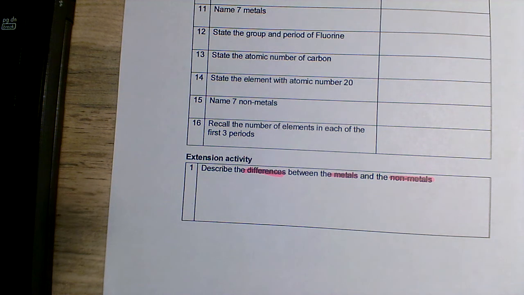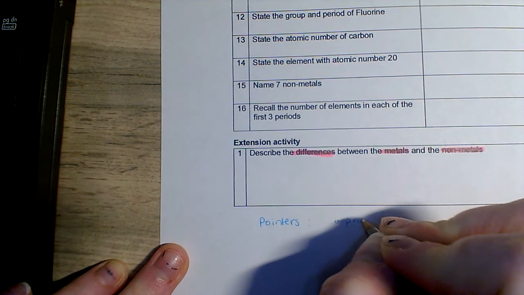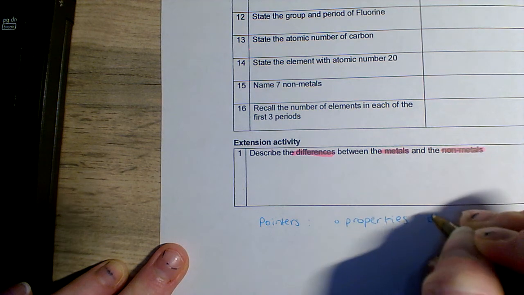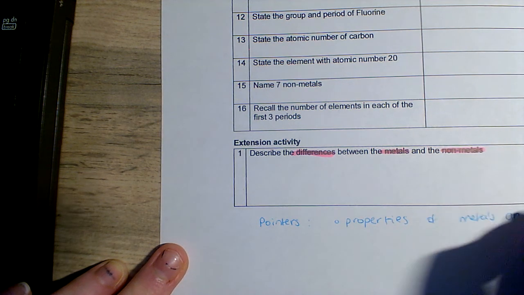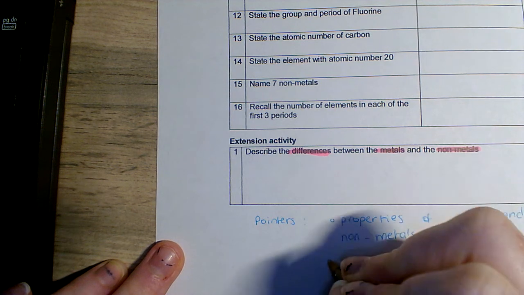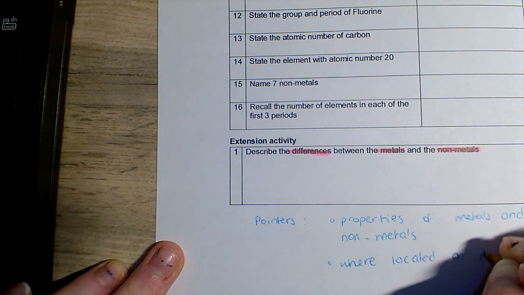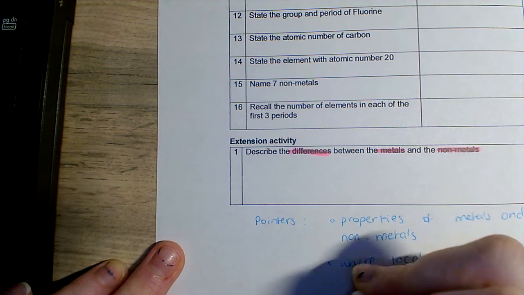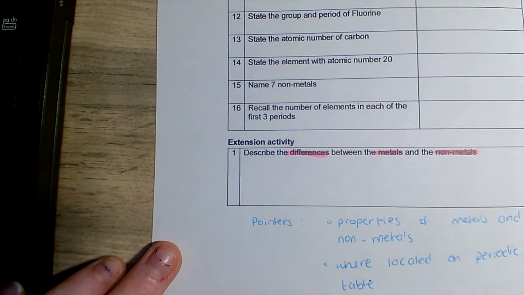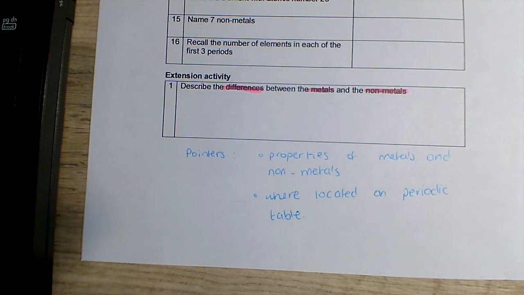Just as a few pointers to help you answer the question: think about the properties of metals and non-metals, and also think about where they are located on the periodic table. I'll leave that on there whilst you answer the rest of the questions, and then we'll go through the answers. Pause the video now and complete the knowledge and application check.